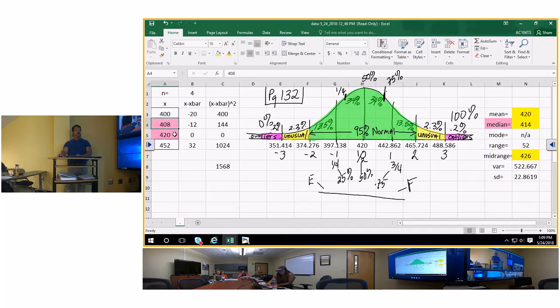Okay? You need to write this down. Everything in statistics is based on center. Not center like Bible center. Center with a T. Okay? C-E-N-T-E-R. Everything is based on the center.